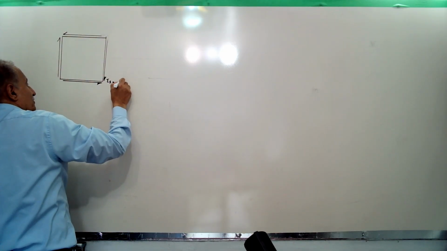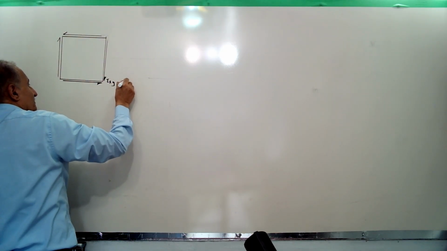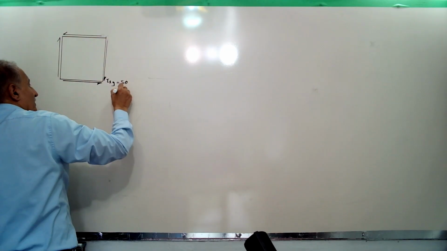This tau xy I assume is 50, for example, megapascal.